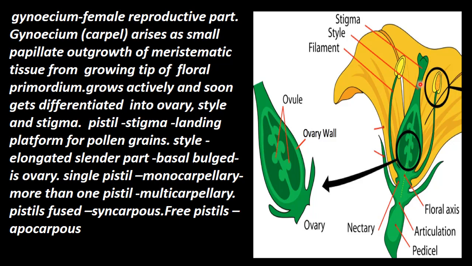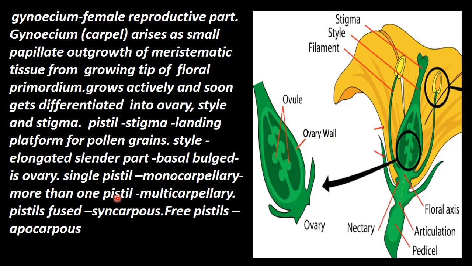The pollen tube grows inside the style and is taken to the ovary. Okay. And the basal part of this style is bulged and that is called ovary.